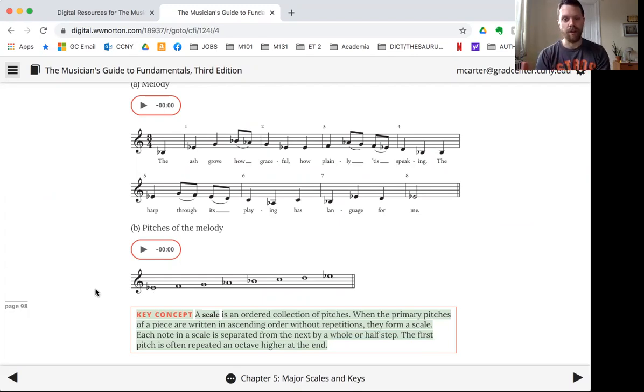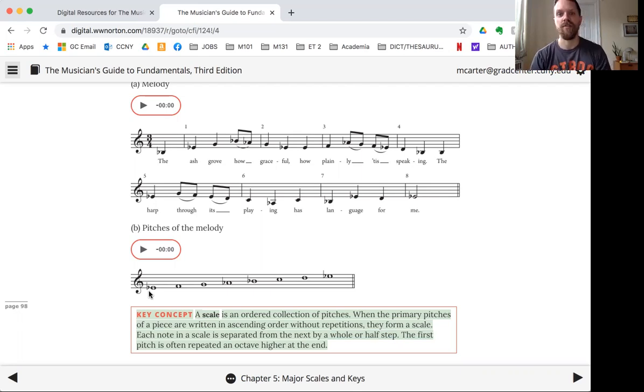So to reiterate, the important elements to remember about what a scale is, and then we'll look at actual scales. It's an ordered collection, so it goes in order from whatever letter it starts on. If it starts on E flat, then it'll be some form of E, F, G, A, B, C, D, and then E repeats.